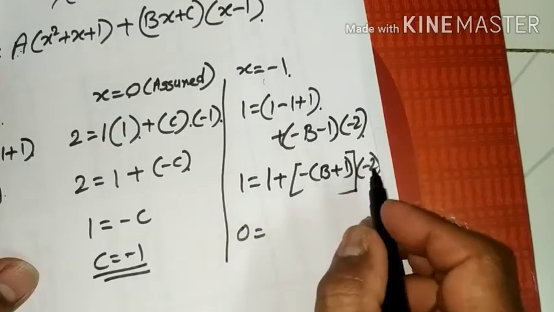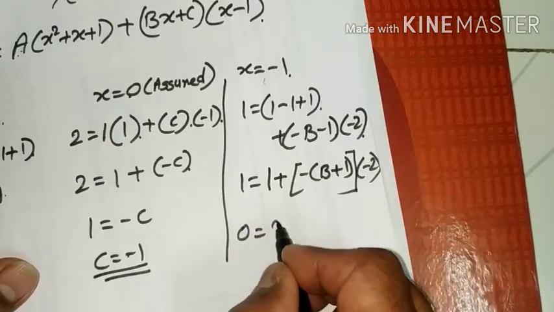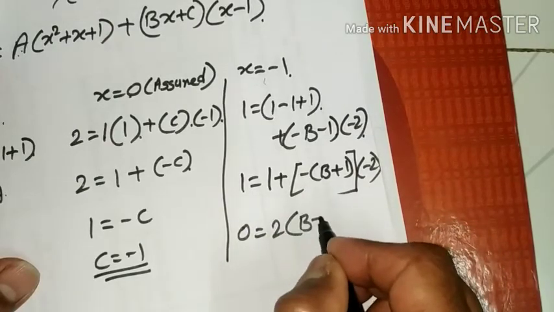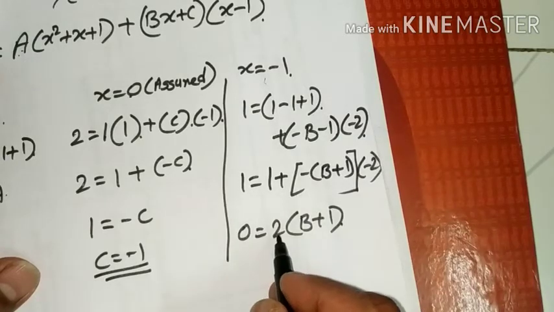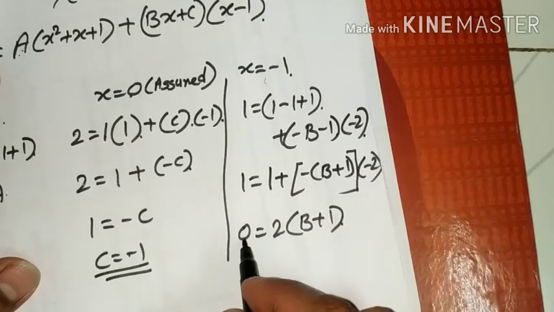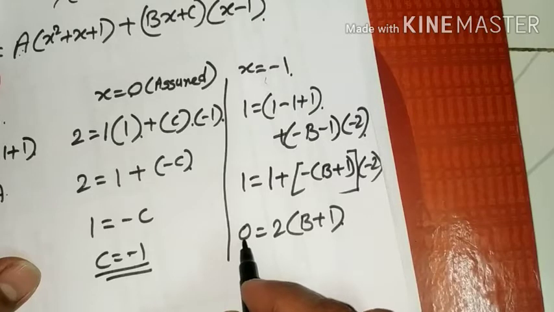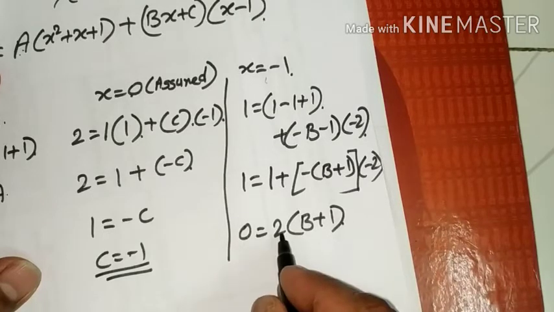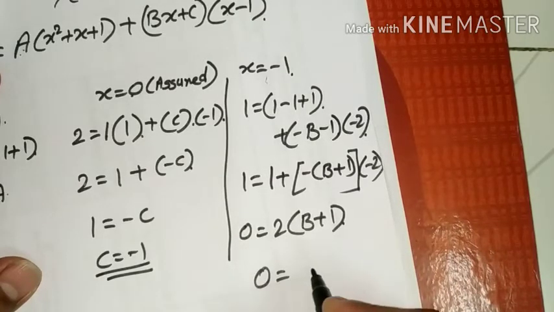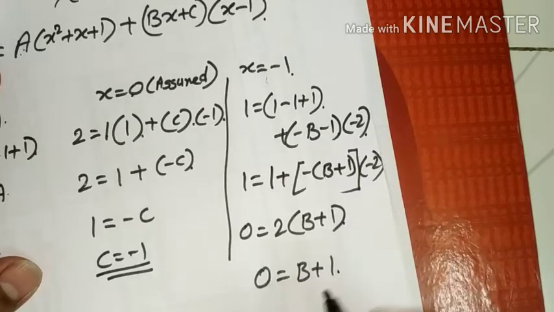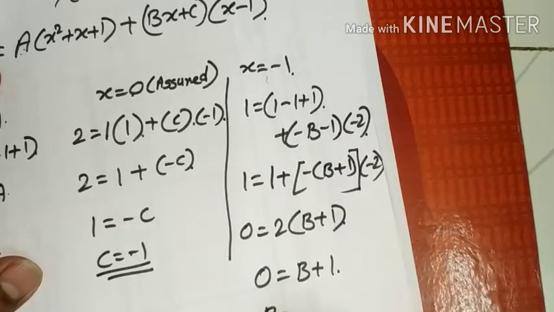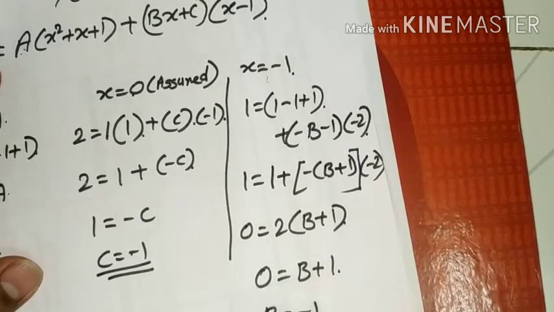So 0 is equal to 2 into (B plus 1). Transfer this 2 to the left side: 0 divided by 2 is 0. So 0 equals B plus 1, and the value of B is equal to minus 1.